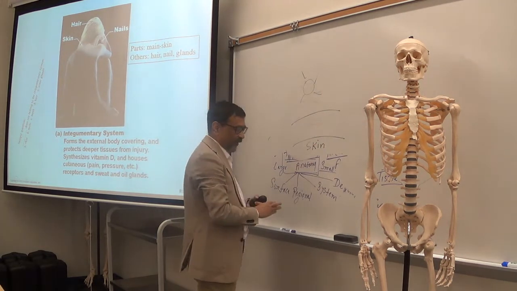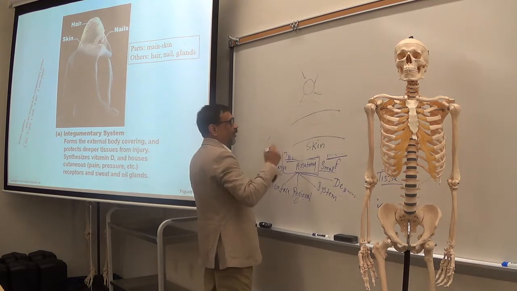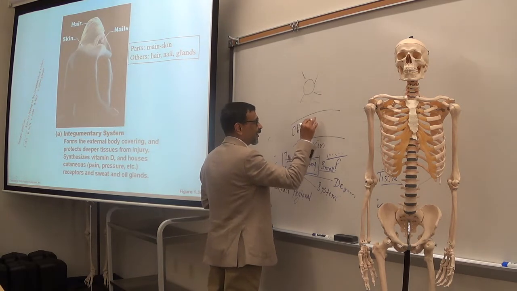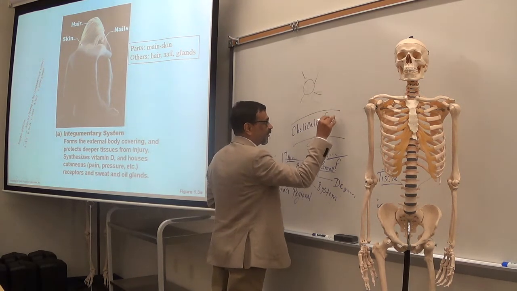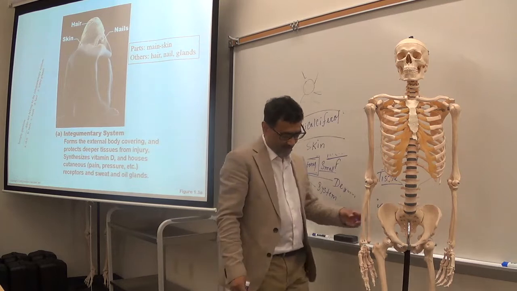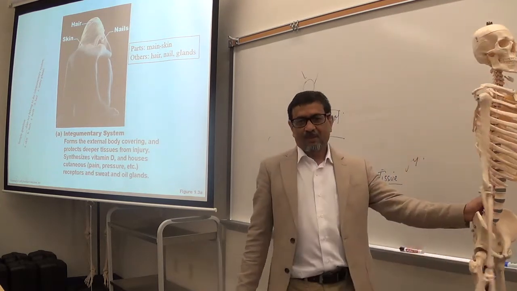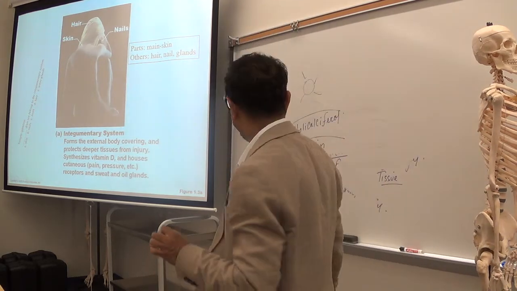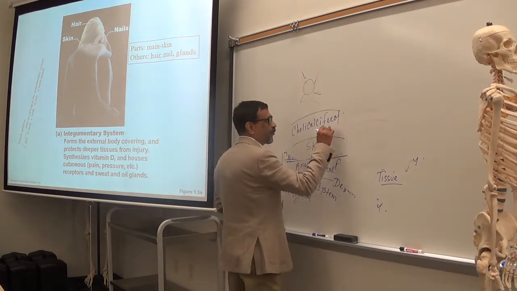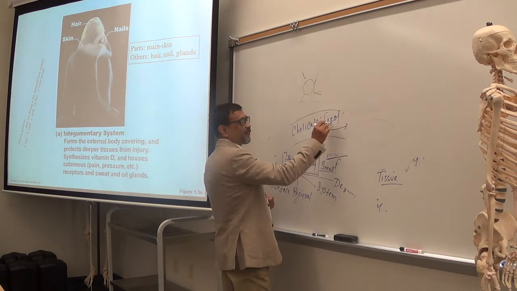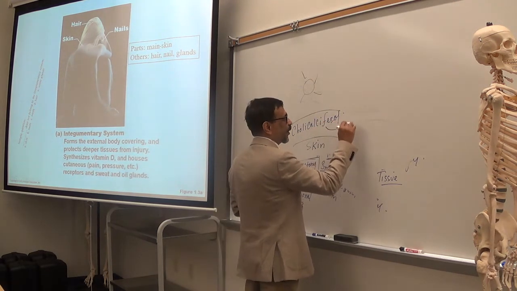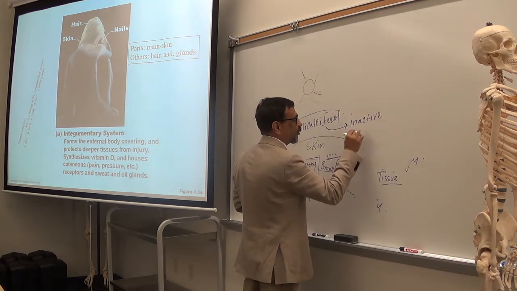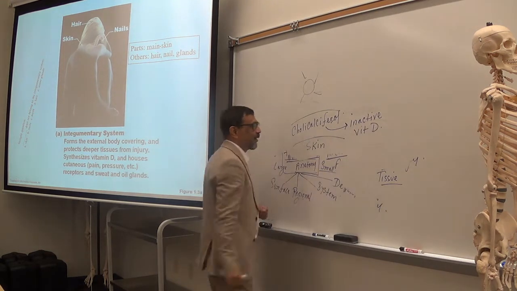So skin produces a chemical that is called cholecalciferol. And cholecalciferol is a precursor of vitamin D. That means it is an inactive form of vitamin D. This becomes active vitamin D. So inactive vitamin D. Okay?